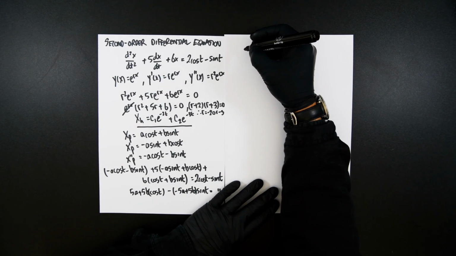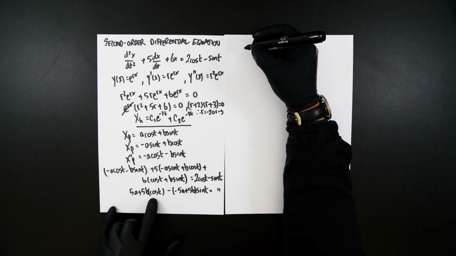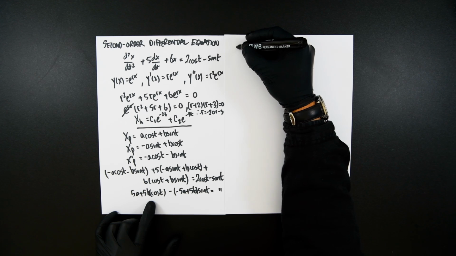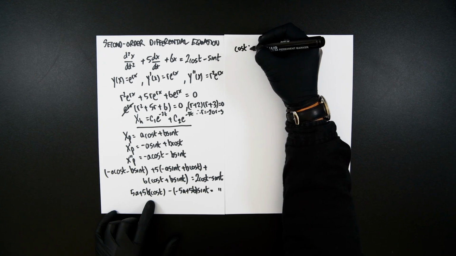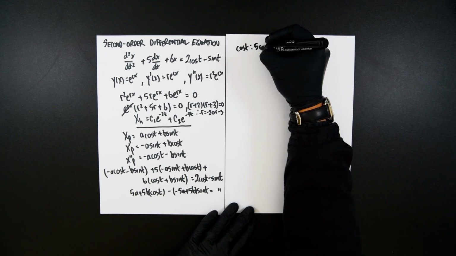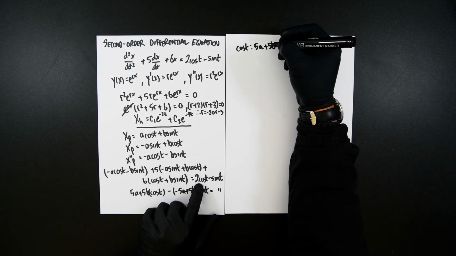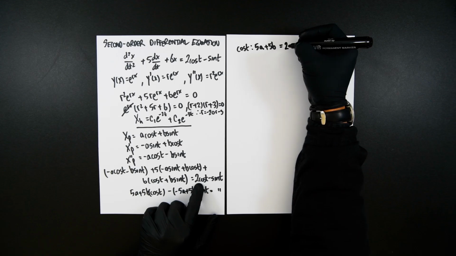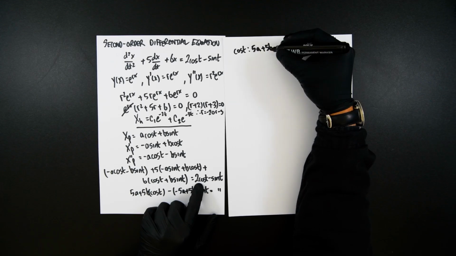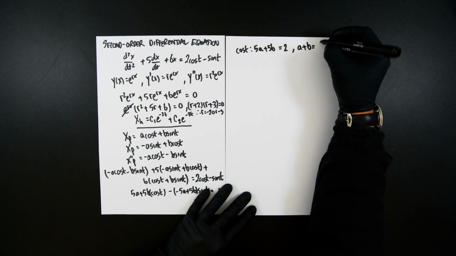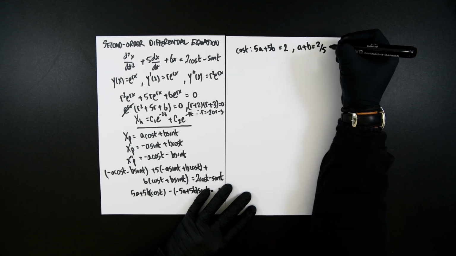We know that the cos t's on the left-hand side are going to be 5a plus 5b, and on the right-hand side we have a 2 next to the cos t. So we can rearrange that, and we would know that a plus b would be 2/5.